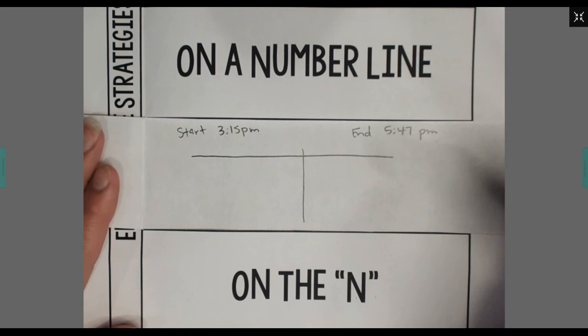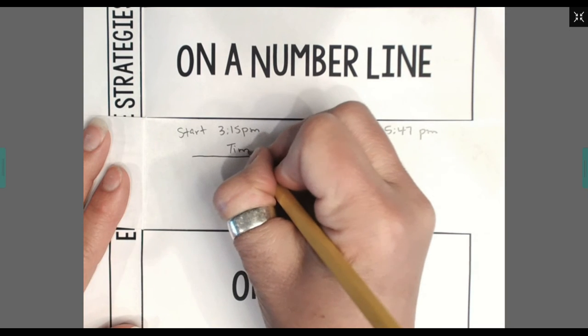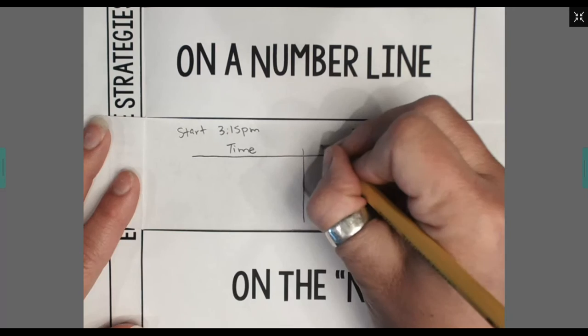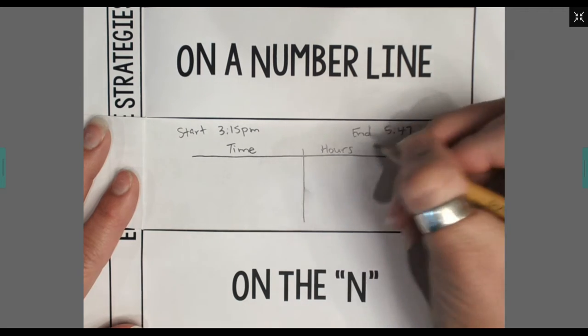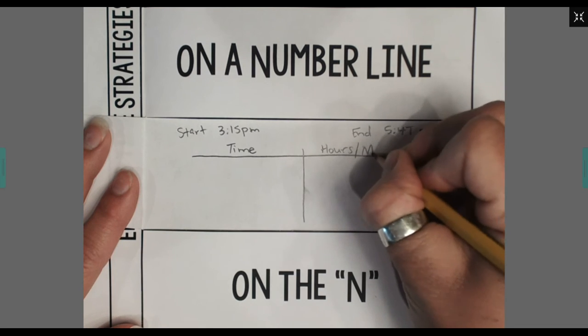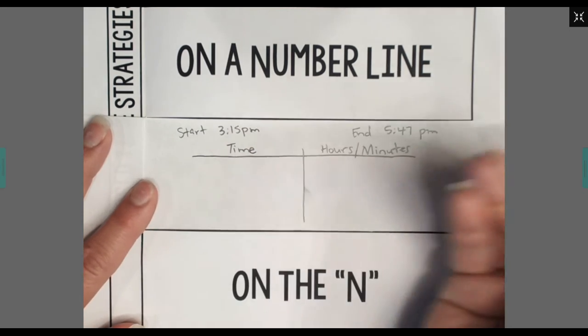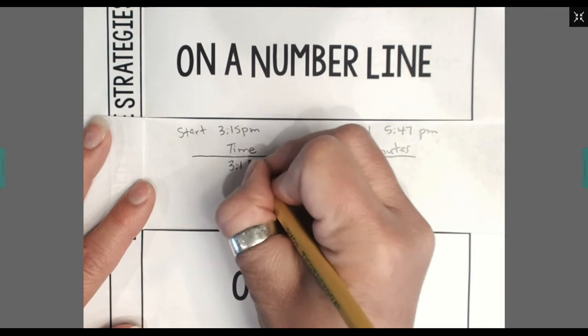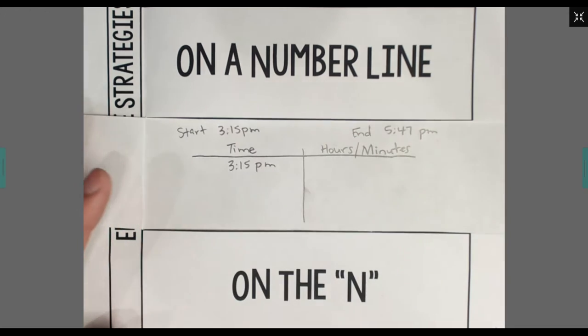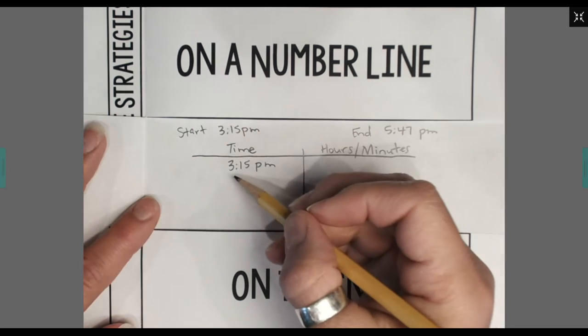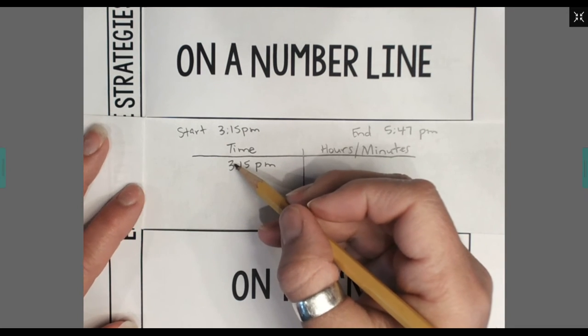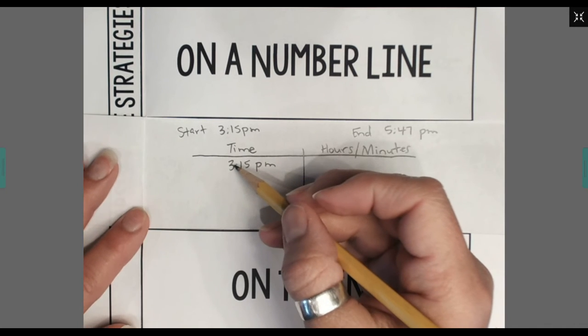And we have our time, and we have our hours and minutes. So our start time is 3:15. And just like we did on the number line, we're going to try to elapse with whatever is going to be easiest for us.